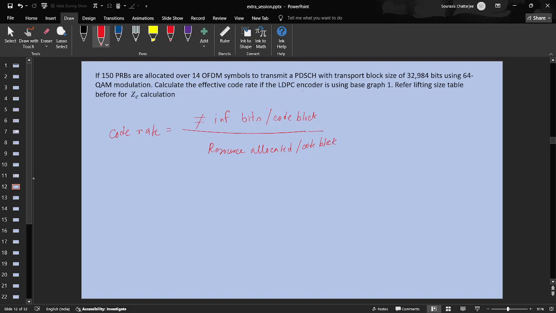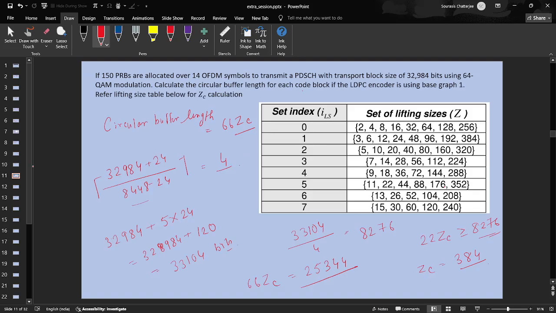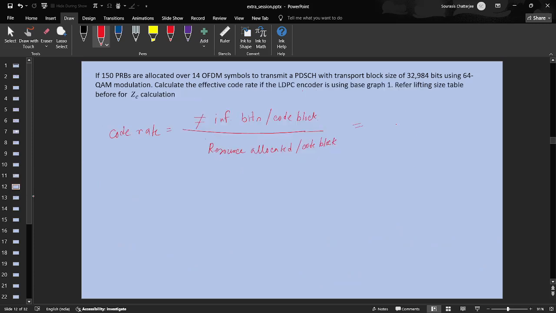So which one of these numbers do we already have? The number of information bits per code block is 8276, right? Because the rest of them are filler bits, if I talk about a single code block. Yes. So here it should be 8276.